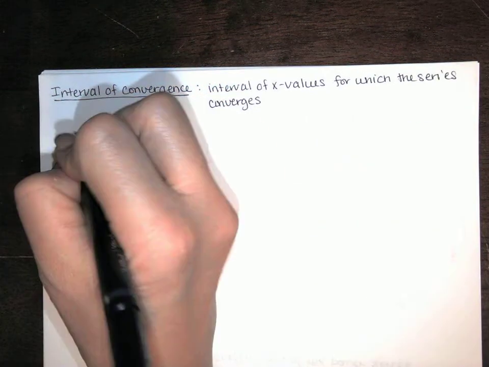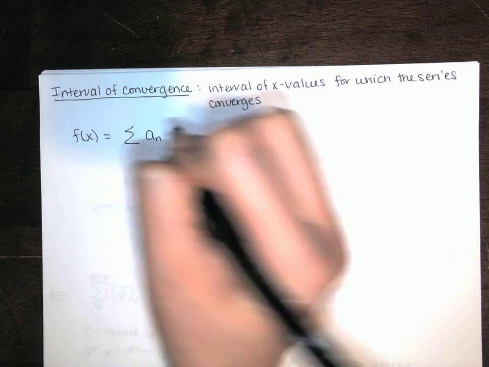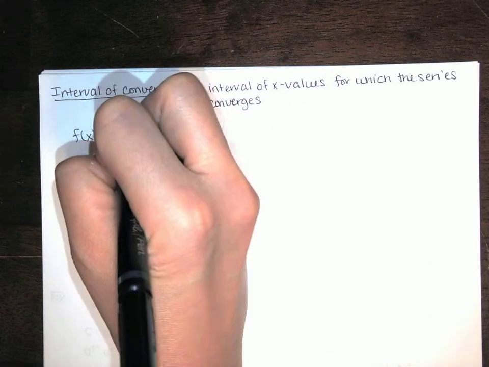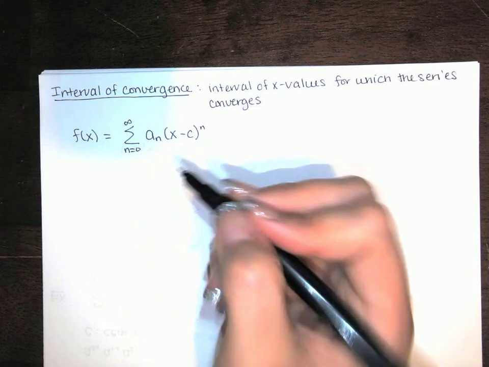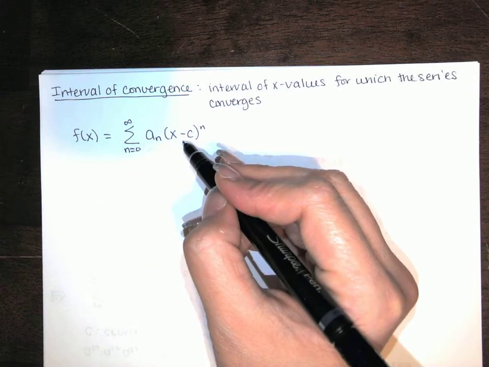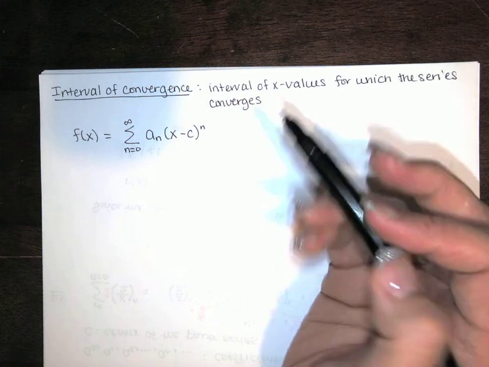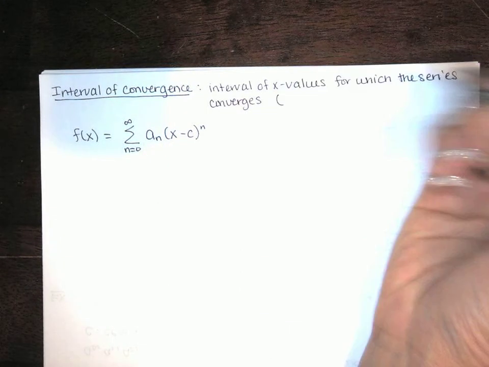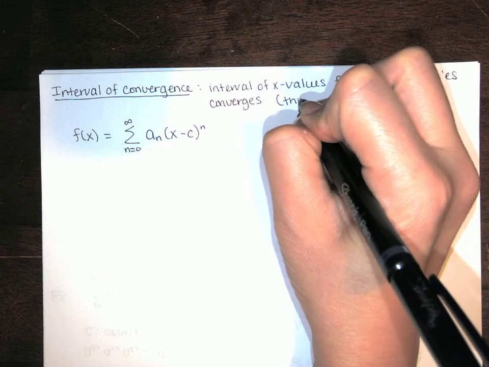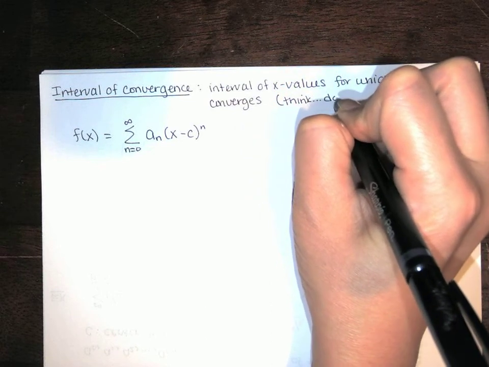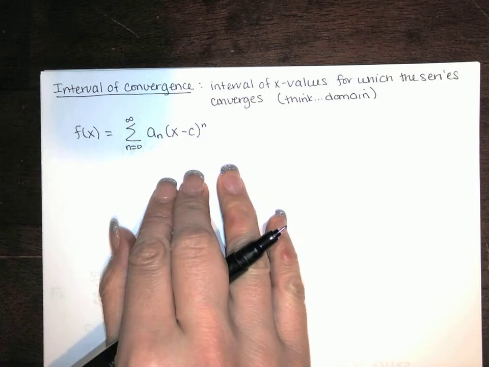It's saying if this is a function, f of x represents the sum as n goes from 0 to infinity of a sub n times x minus c to the n. If this is a function, what x values can I put in so that when I add them all together I get a y value out that makes sense? So this is similar to a domain. So I'm just going to say think domain because that's what I do. What x values work for this?